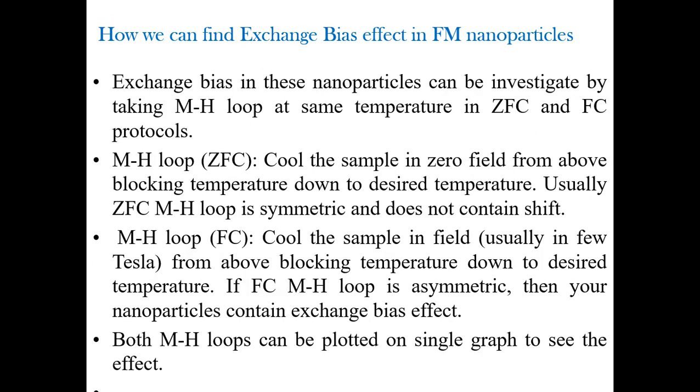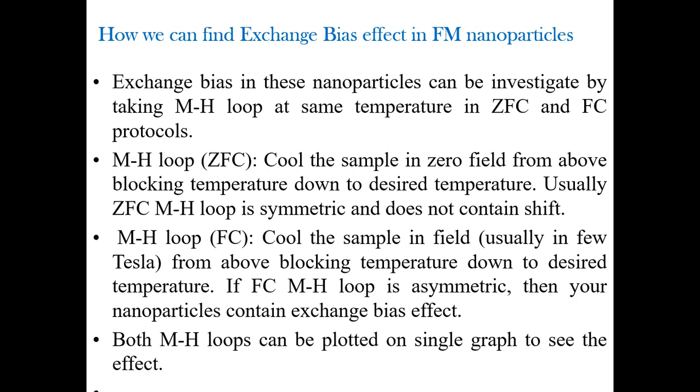So the exchange bias effect in these nanoparticles can be investigated by taking two MH loops, one in the zero field cooling process and one in the field cooling process, at the same temperature. How can you take the MH loop in zero field cool?